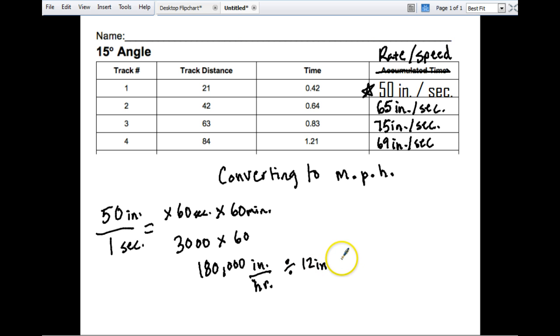And then I'm going to divide that by 5,280. Now you probably don't know this conversion, though some of you may. The reason I'm going to do that is because there are 5,280 feet in 1 mile. So when I take 180,000 and divide that by 12, I get 15,000.